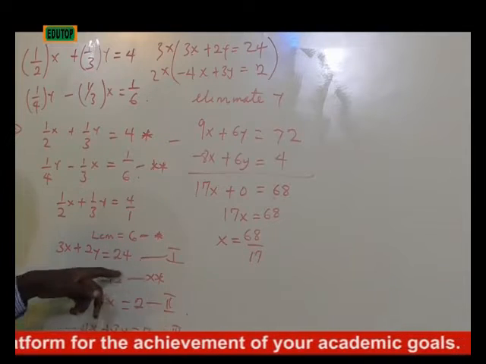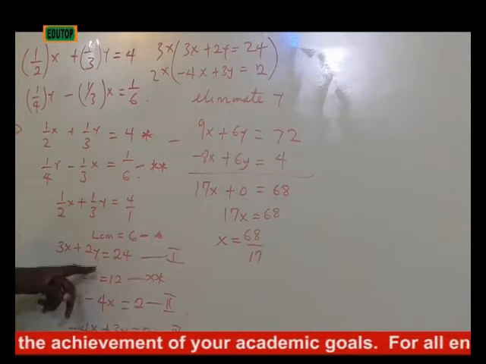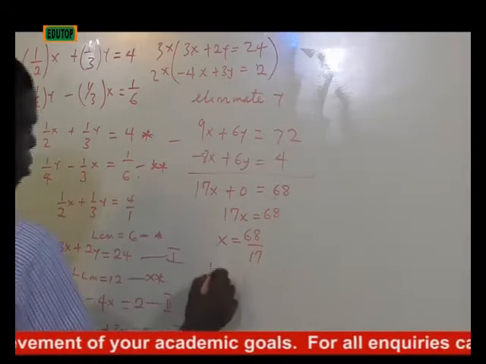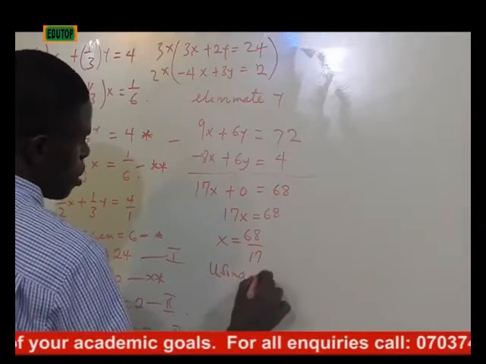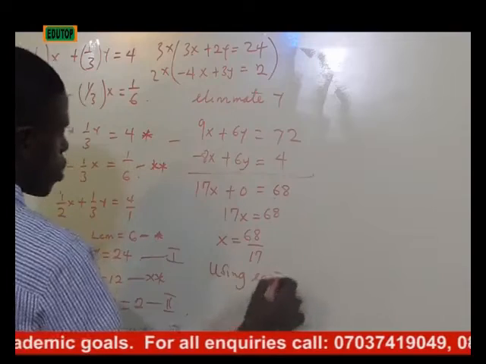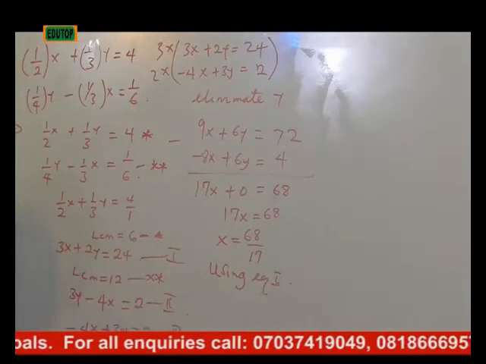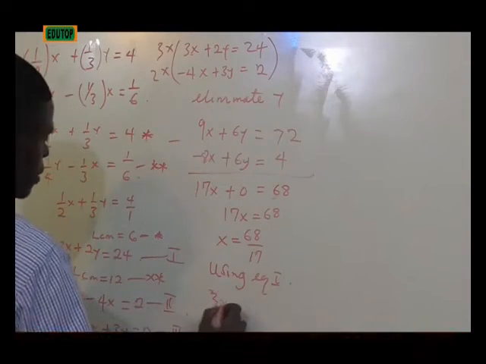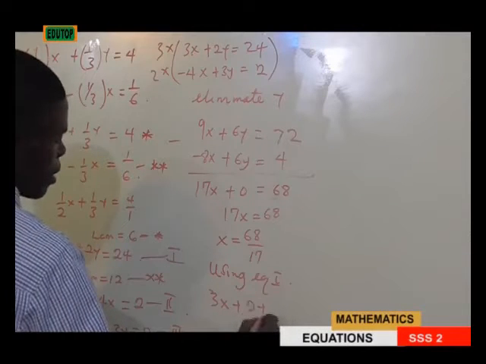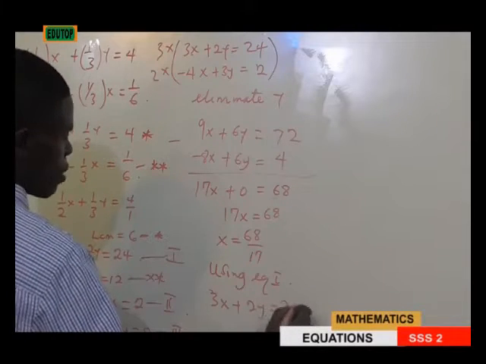So here I can use equation 1. Using equation 1, I have 3x plus 2y equals 24.